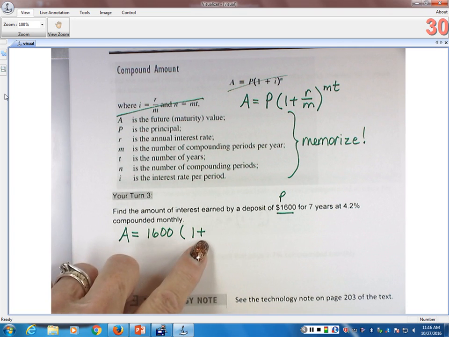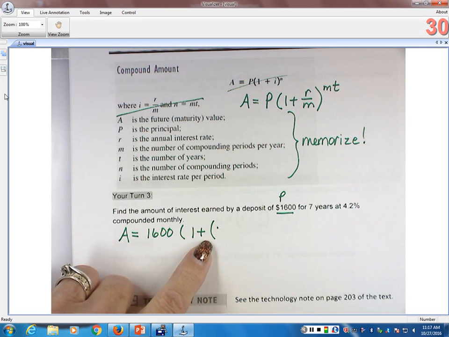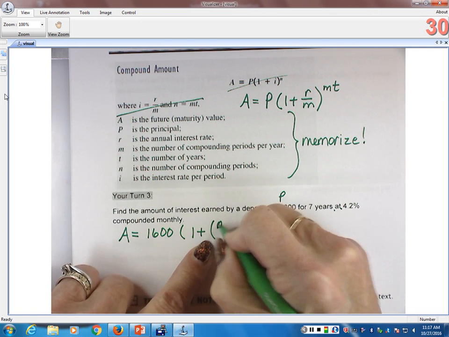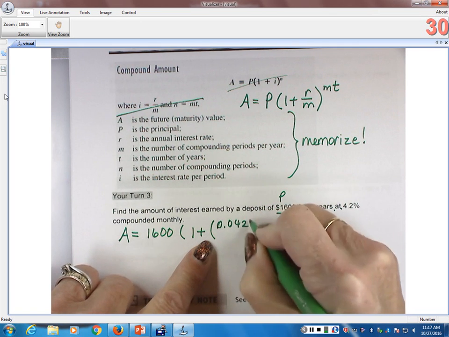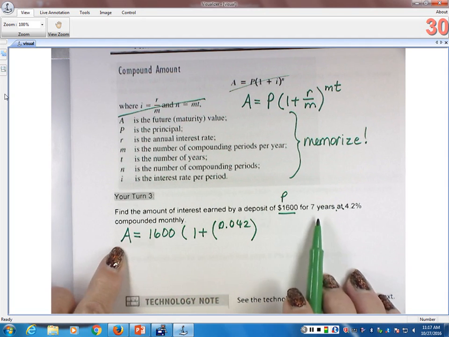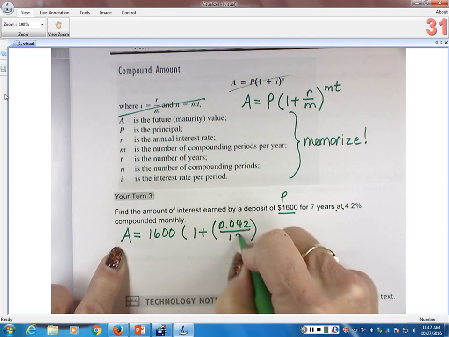Okay, so what would that be? 0.042. Okay. You move your decimal 2 places. So it's 0.042. And what are the number of compoundings a year? 7 years, but how many times do they? Monthly. Okay, compounded monthly. 12. So it's going to be 12. Thank you.